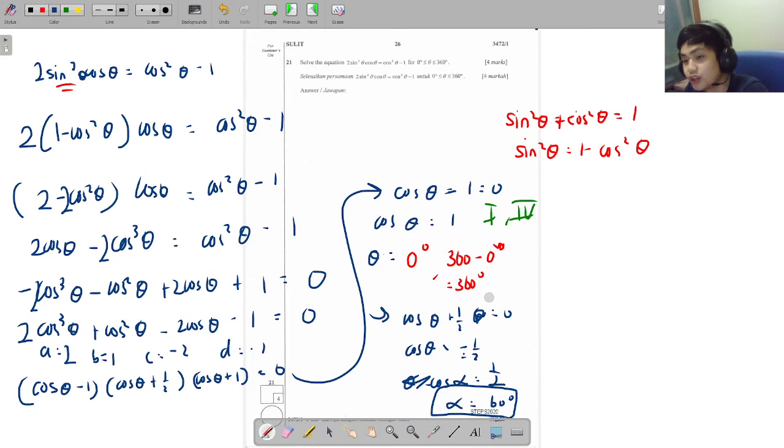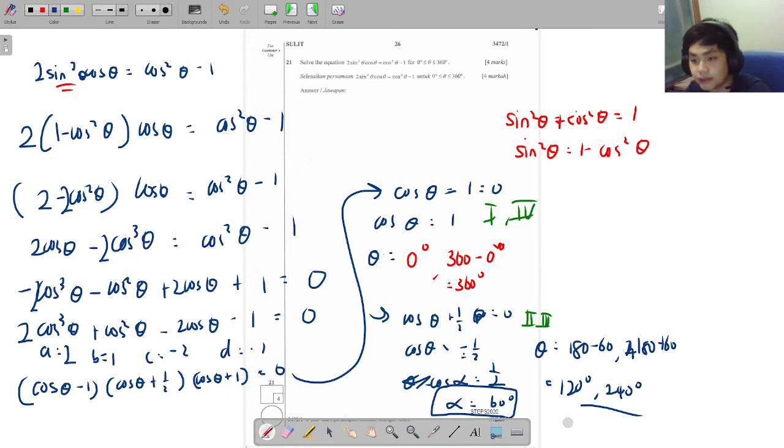We know cos is negative in the second and third quadrant, so theta equals 180 minus 60 and 180 plus 60, in the second and third quadrant respectively. So 120 degrees and 240 degrees.